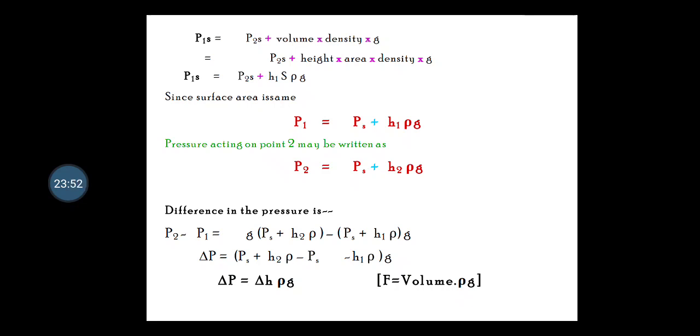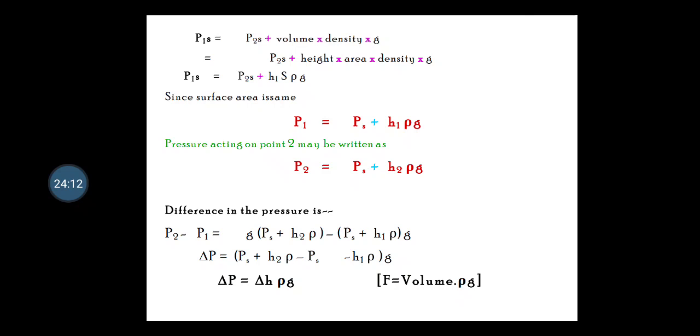So the difference in pressure is P2 minus P1, and since g is common we have taken it apart: g inside the bracket, PS plus H2 into rho, bracket complete, minus, inside the bracket, PS plus H1 into rho, bracket complete, times g.